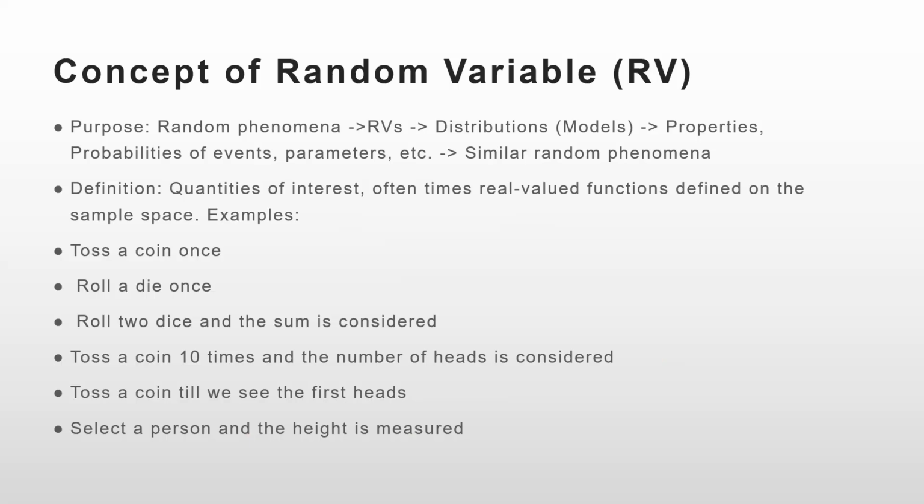Okay, so it's continuous. So these are discrete. And this one is continuous, normally. So this is the concept of random variable.